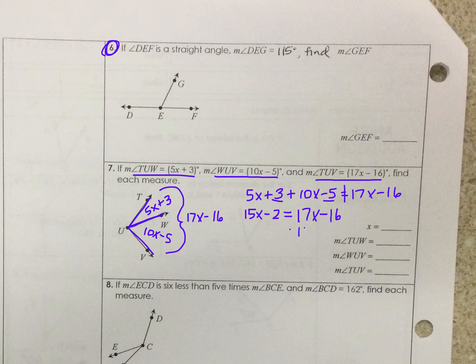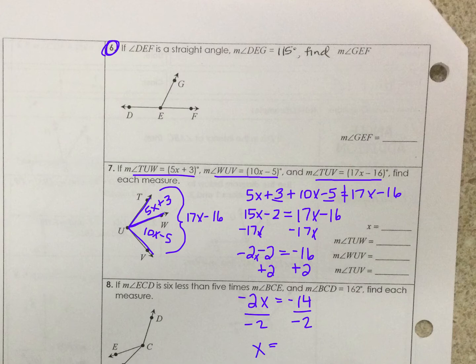So I'm going to subtract 17x. Negative 2x minus 2 equals negative 16. Add 2. Negative 2x equals negative 14. Divide. X equals 7. Okay, so x is 7.